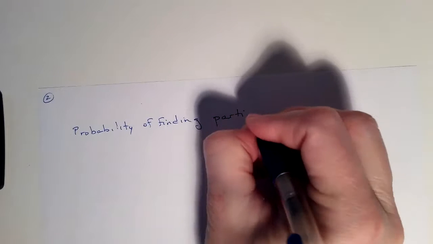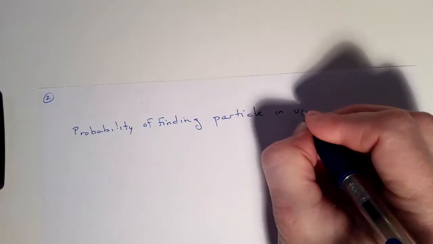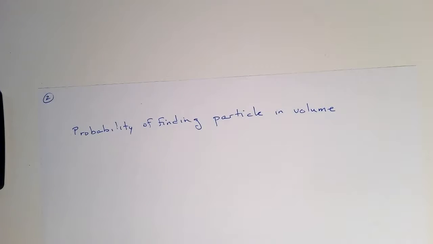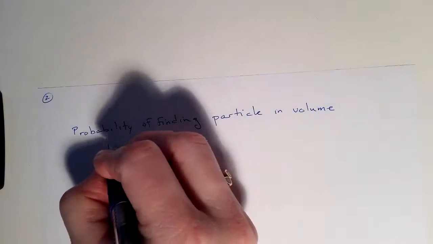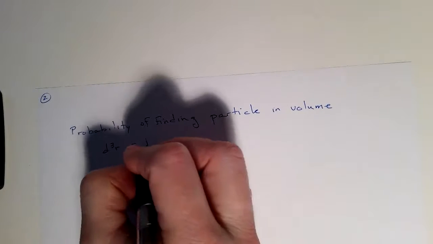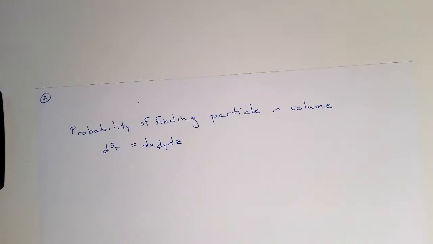If we want to talk about the probability of finding a particle, not just at a point in space, but now in a volume of space. So going to 3 dimensions, we get to go to volumes. So that volume we could call d3r, which we could just define as a little bit of x, a little bit of y, a little bit of z, right?